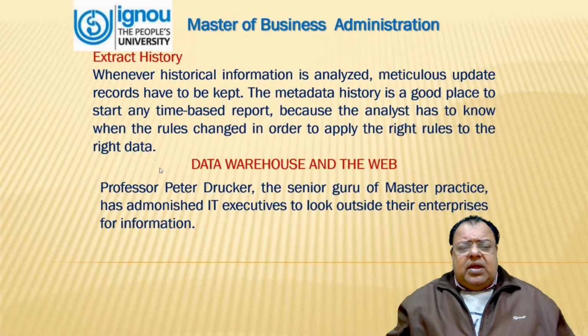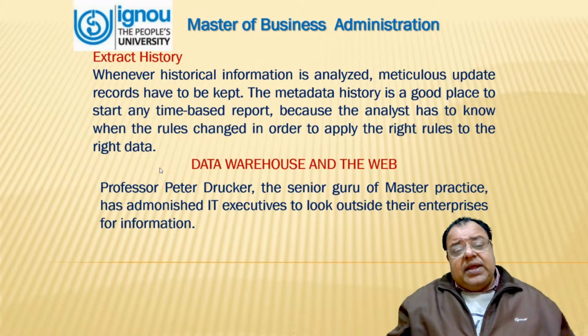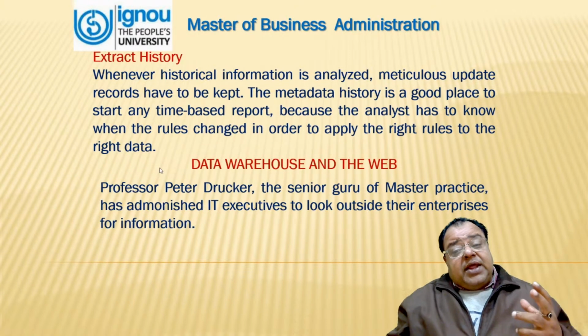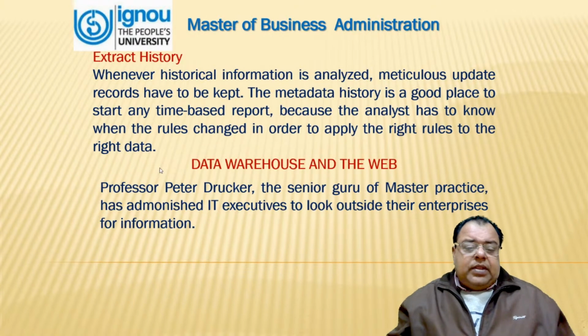Extract history. Whenever historical information is analyzed, meticulous update records have to be kept. The metadata history is a good place to start any time report because the analyst has to know when the rules change in order to apply the right rules to the right data.